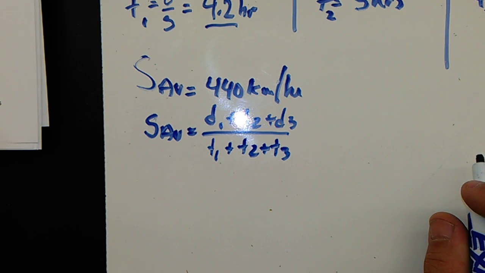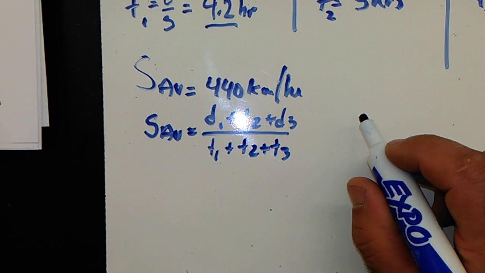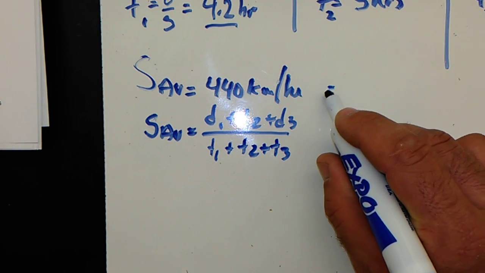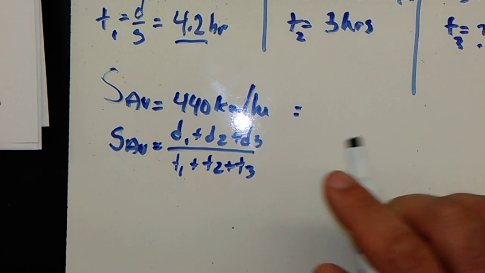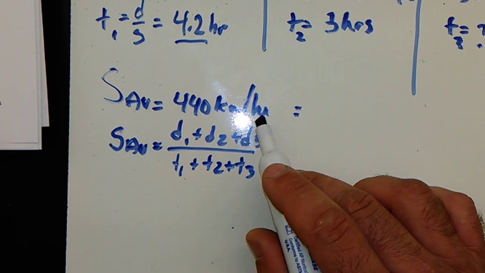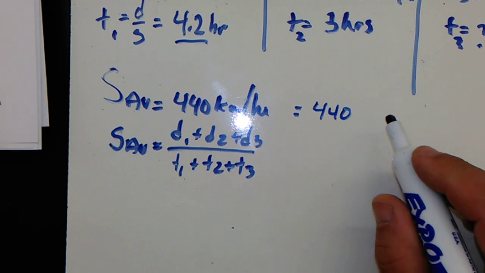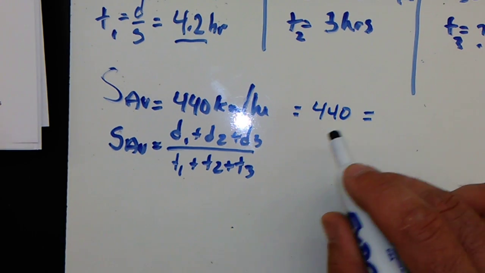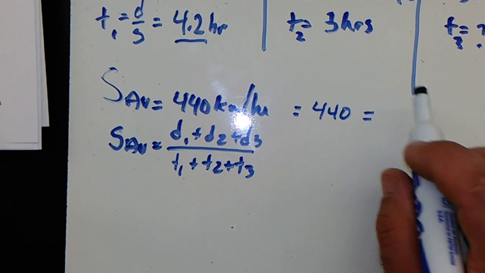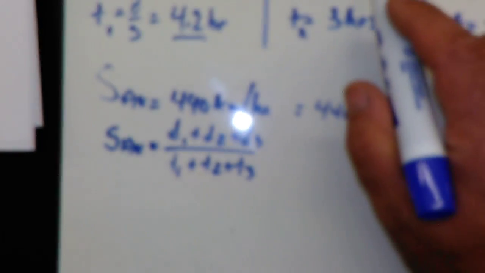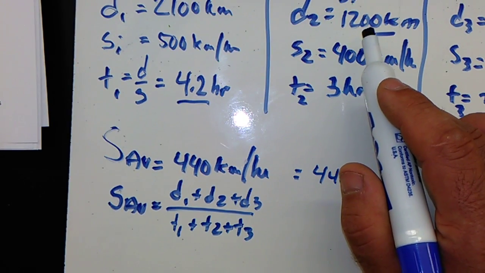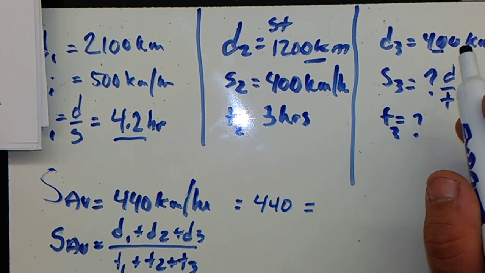We can actually put that over here and say that 440, I'll leave the units out so we save space, is equal to d1 plus d2 plus d3. d1 is 2,100, d2 is 1,200, d3 is 400.